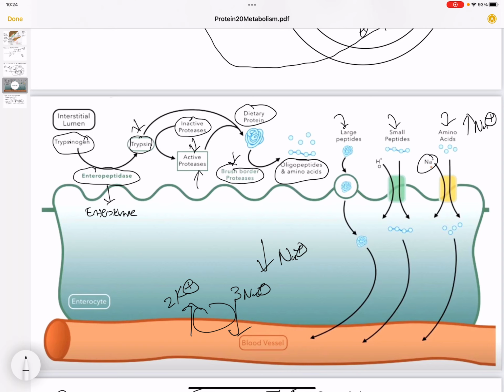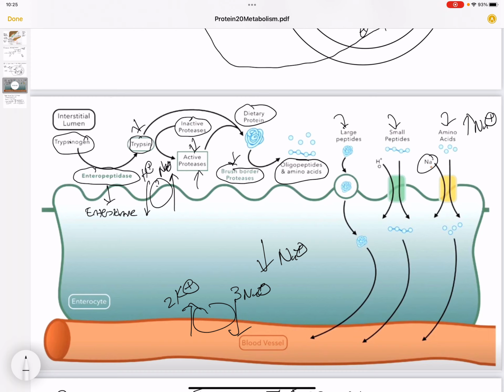Now, on the apical side, we have a sodium-hydrogen antiporter. So there's going to be sodium coming into the cell, and we're going to be pumping hydrogen out of the cell.